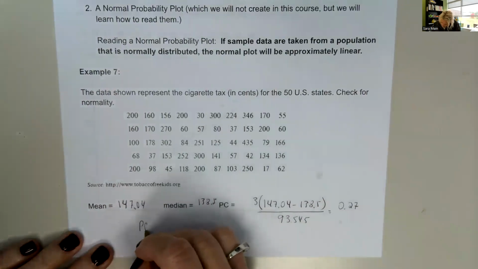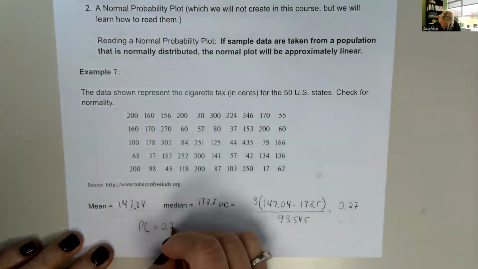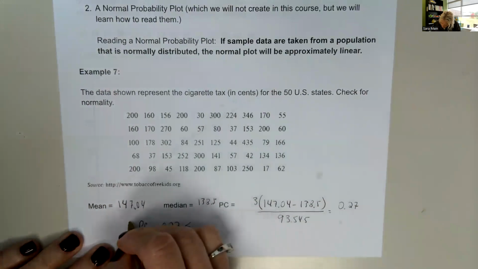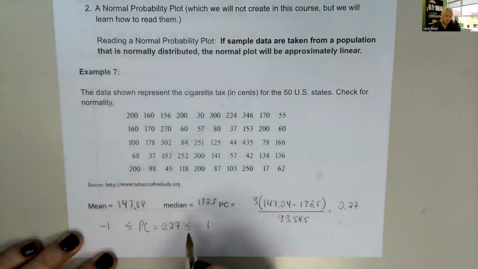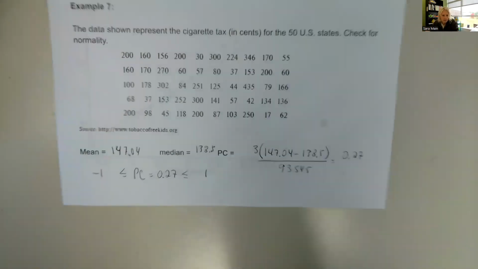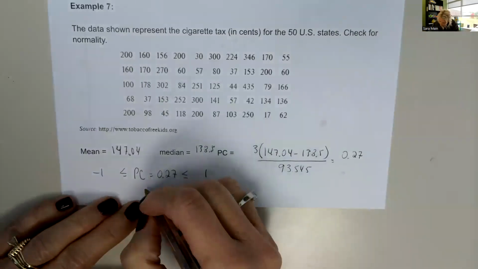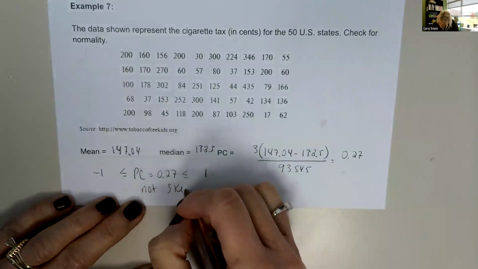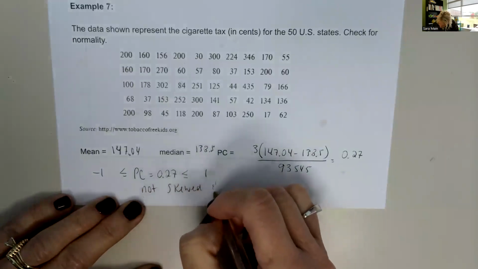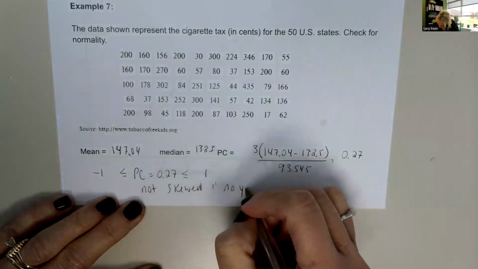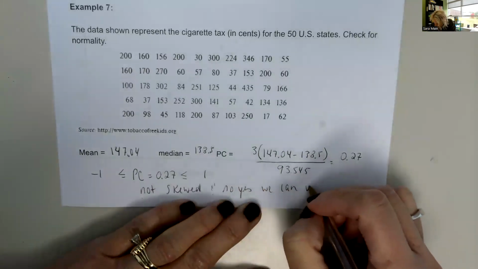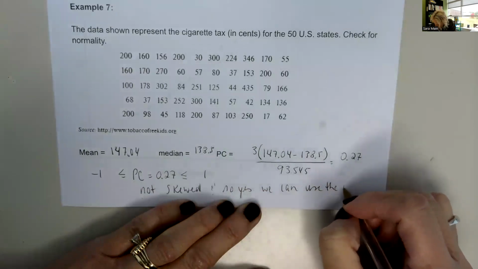And so the PC is 0.27, which is inside this danger zone. So we would say it is not skewed. And so, yes, we can use the normal distribution.